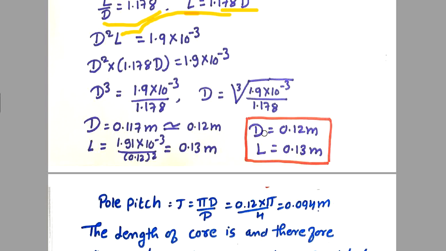You will get D equals 0.117, so it is 0.12 meter. And L equals 1.178 into D, so after simplification, L equals 0.13 meter. Now the main dimensions, D and L, are finished.